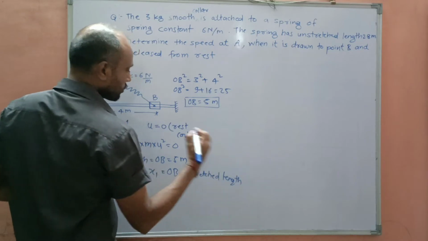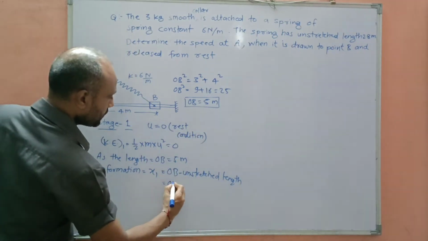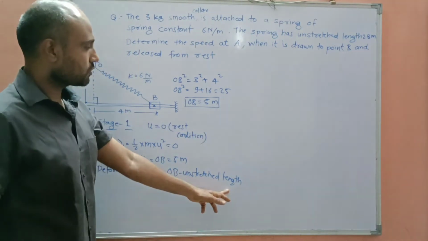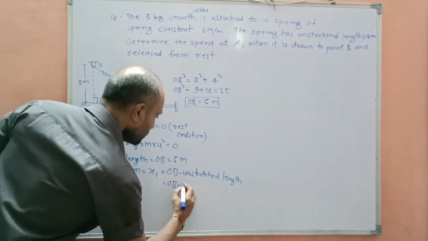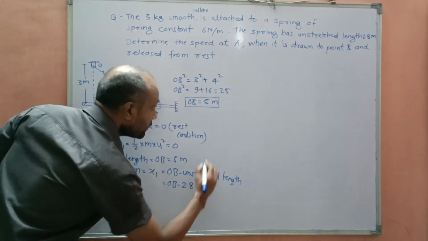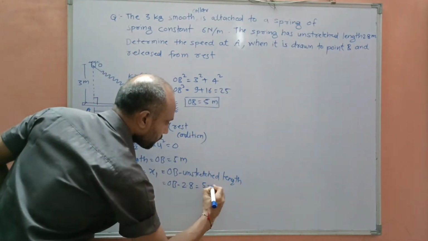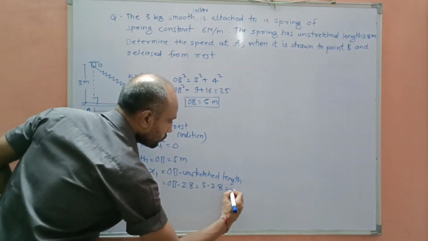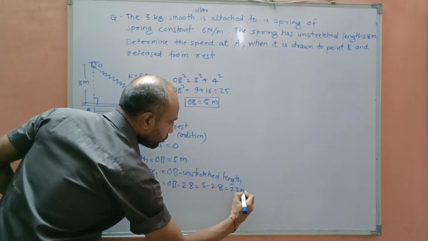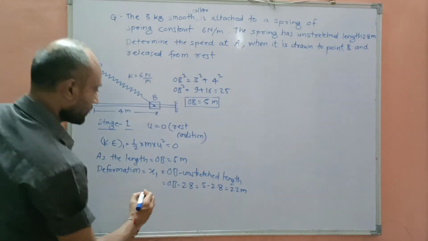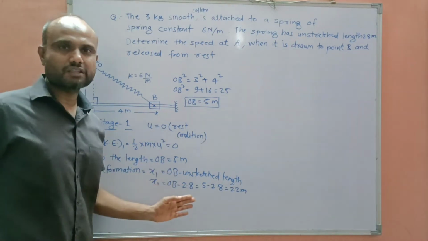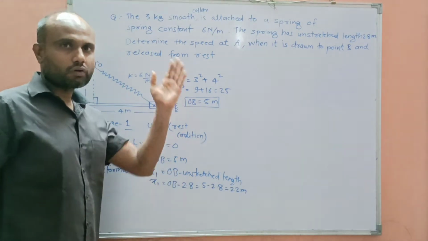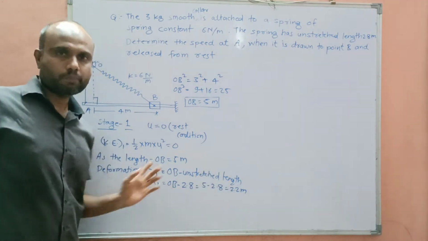What is the unstretched length of the spring? It is given in the problem statement: 2.8 meter. So OB minus 2.8, where OB is 5 meter. So 5 minus 2.8 is equal to 2.2 meter. So x1 is equal to 2.2 meter. Why are we calculating the deformation of the spring? Because to calculate the spring work done, we will require this value.